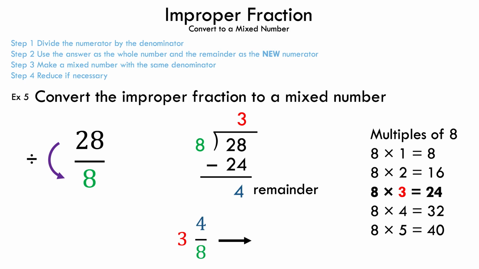And now we write out the fraction 3 and 4/8. In this case, once again, we have to do something. Why? Because 4 and 8 have a factor in common. You can see the biggest one is 4, but if you divide each number by 2, then you can do that again. So in this case, the answer is 3 and 1/2.